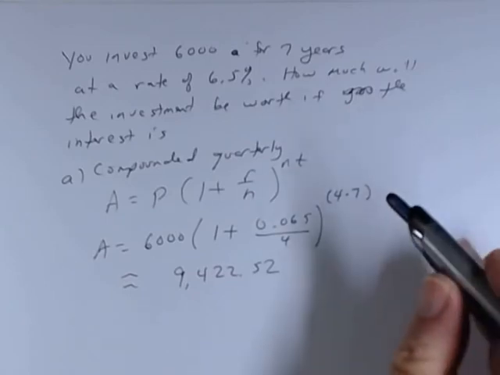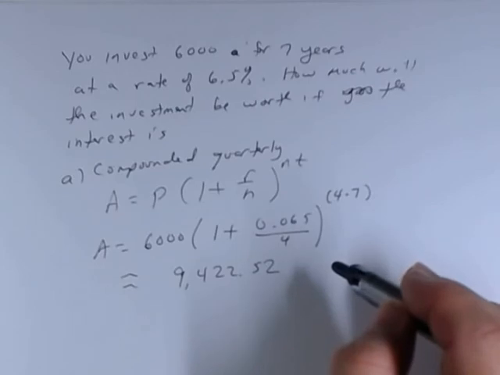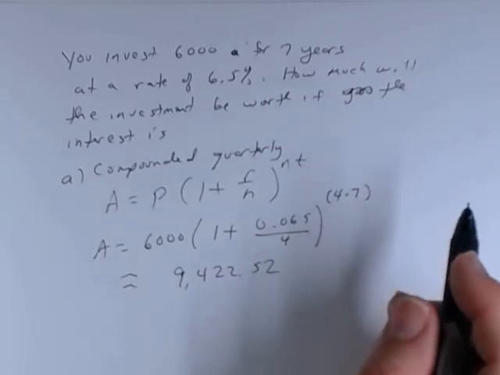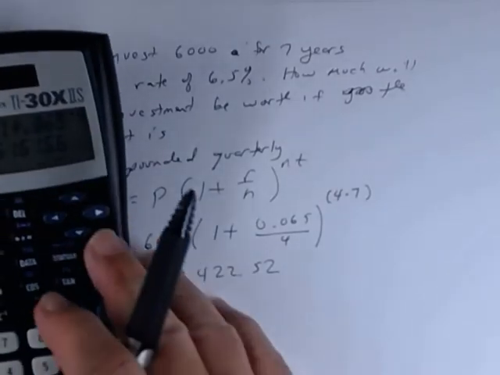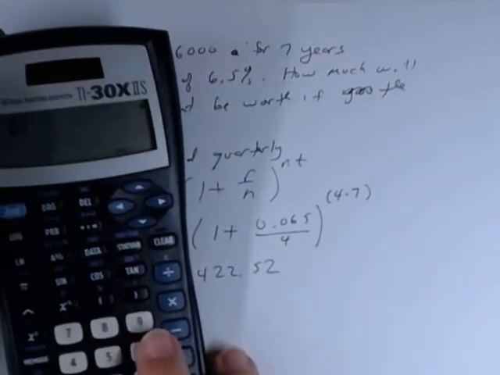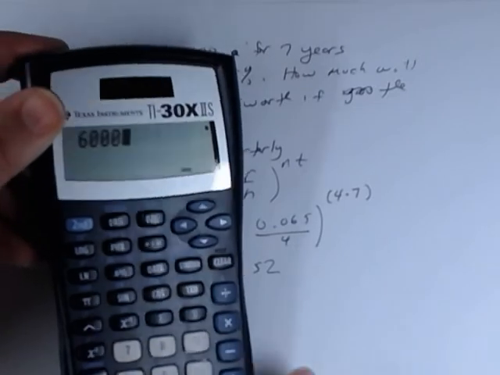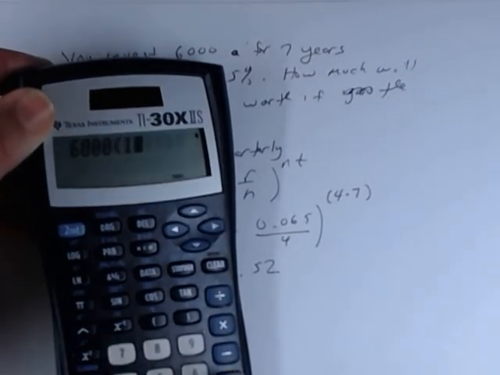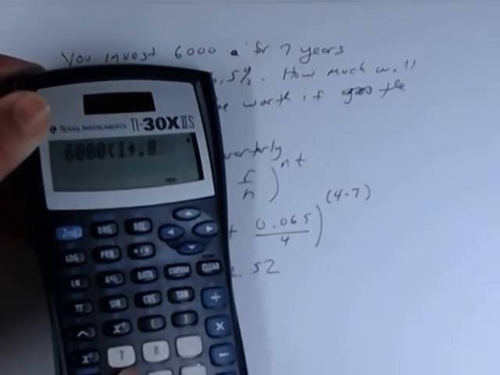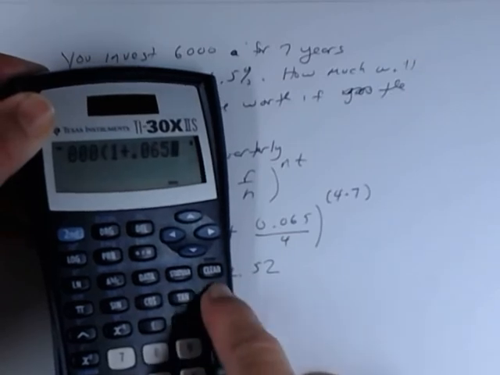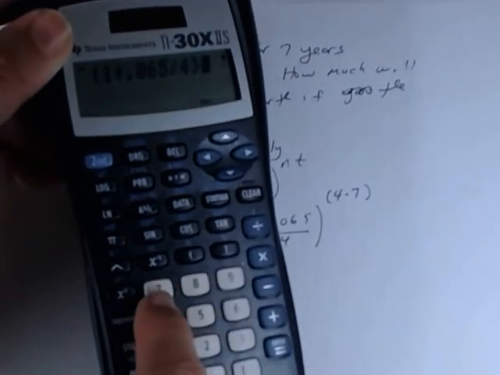All right. Okay. Is there any question on that? You say 6,000, parentheses 1 plus 0.065 divide by 4, close the parentheses, then you raise it to a power.